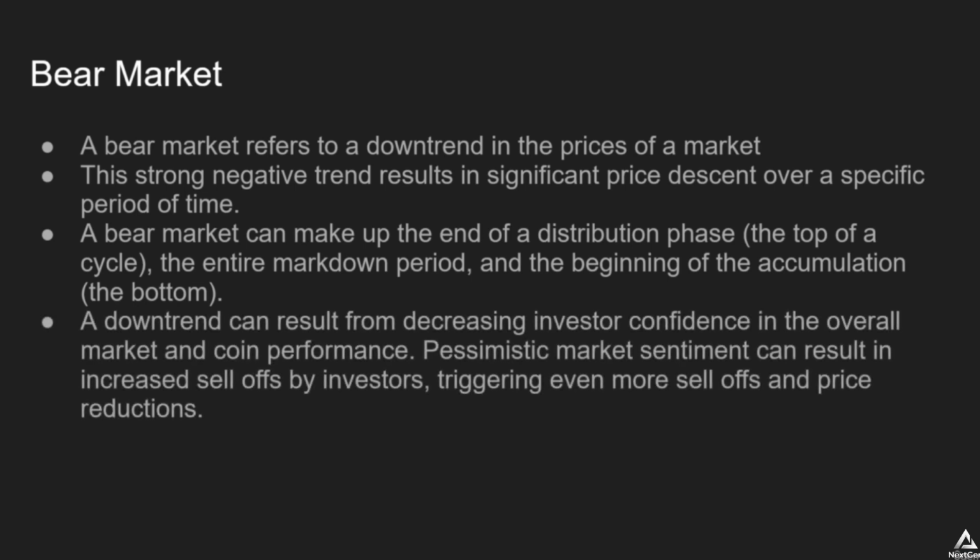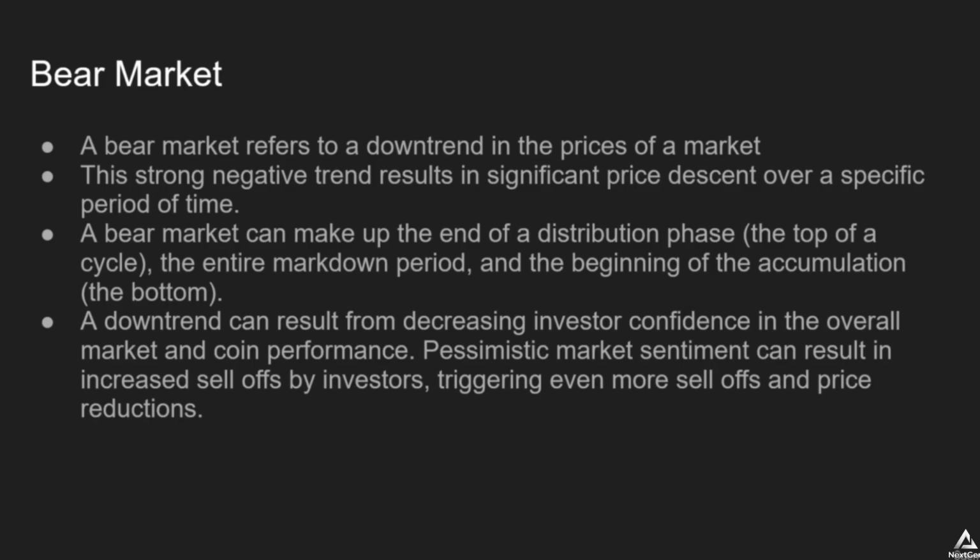A downtrend can result from decreasing investor confidence in the overall market and overall coin performance. Pessimistic or negative market sentiment can result in increased sell-offs by investors, triggering even more sell-offs and more price reductions.